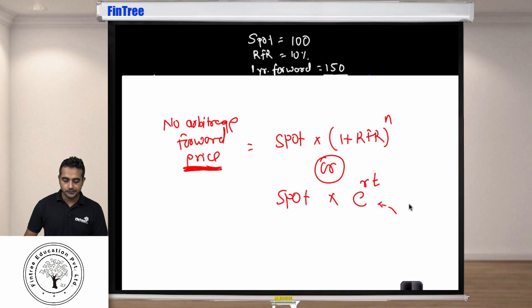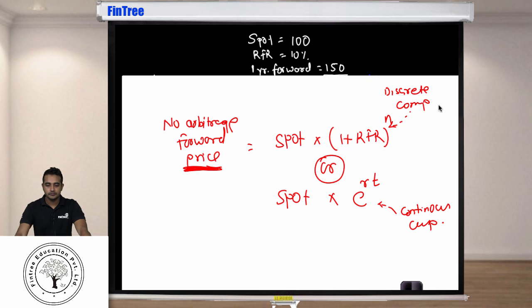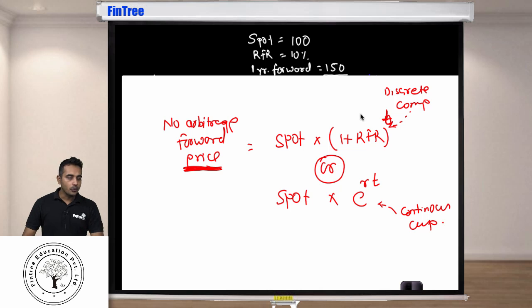If you are using continuous compounding, this is the formula you use. If you are using discrete compounding, this is the formula you'd use. Just to maintain consistency, maybe we can write t on both sides. So we are using t here. So let's practice one question on either side.